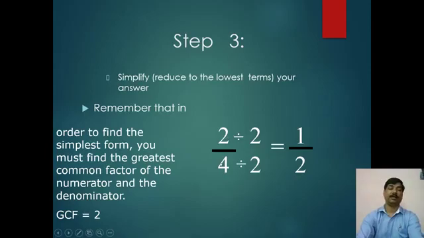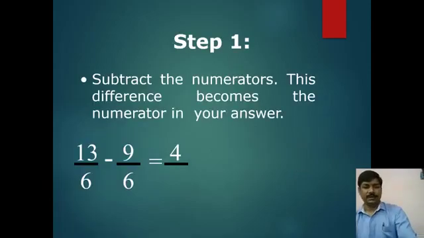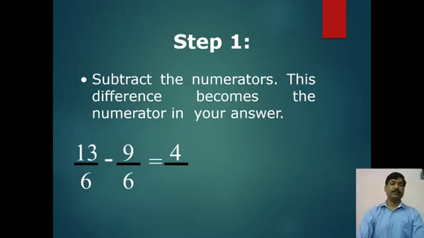Now we are taking another example. In the next example, we are going to subtract 9 upon 6 from 13 upon 6. These are like fractions. So, subtract the numerators. 13 minus 9.